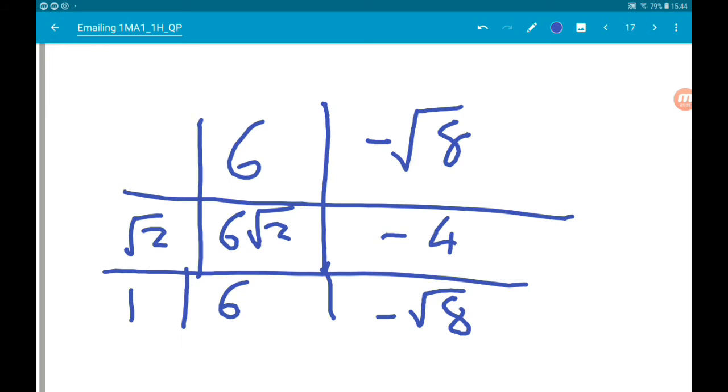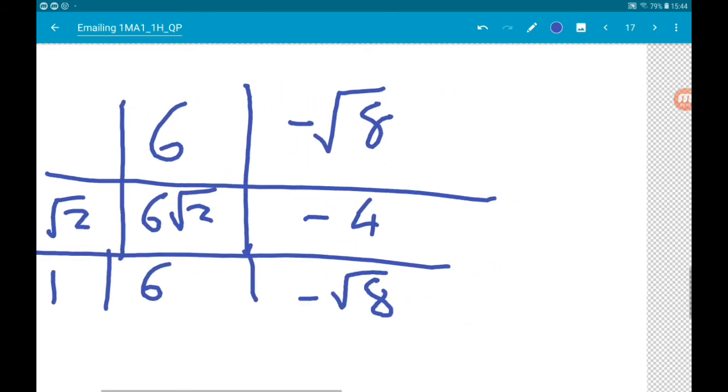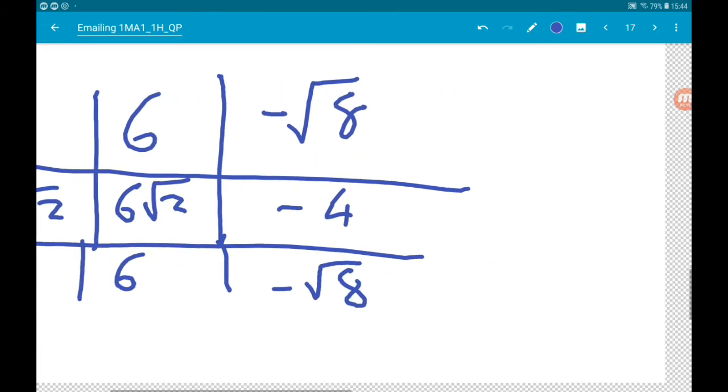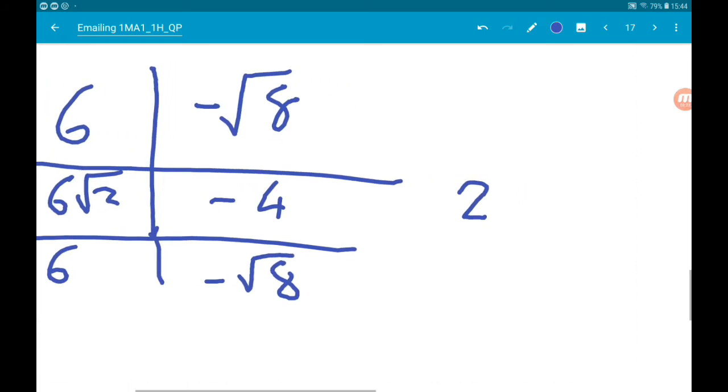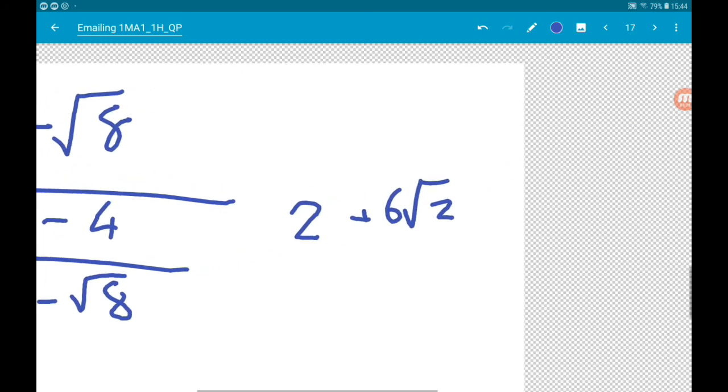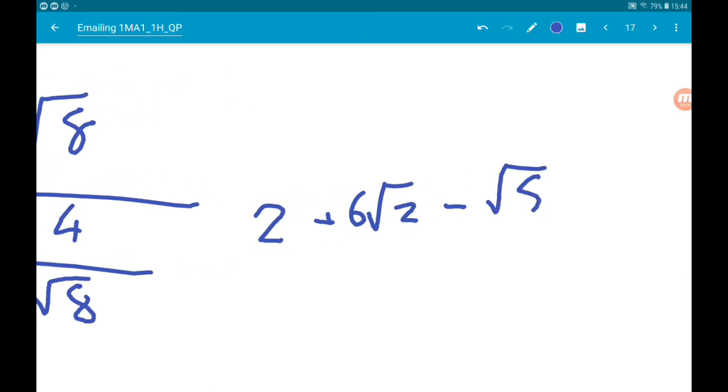Okay, so from that, at the moment, we have 6 minus 4, which is 2. We have add 6 root 2 minus root 8. Now we can simplify root 8, so we can write this as 2 add 6 root 2 minus root 4 root 2.